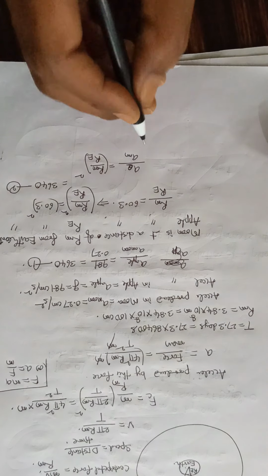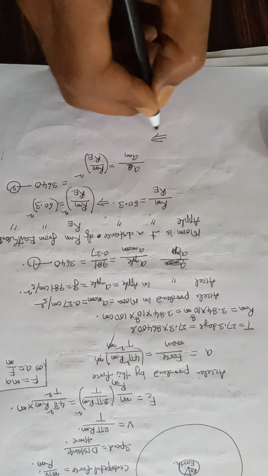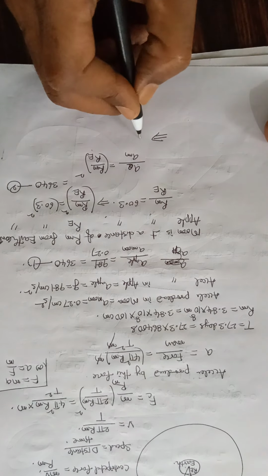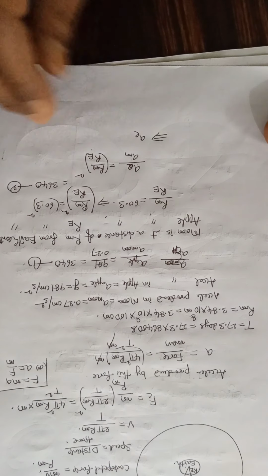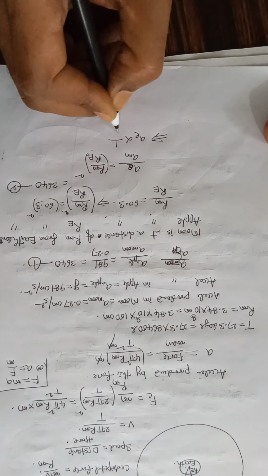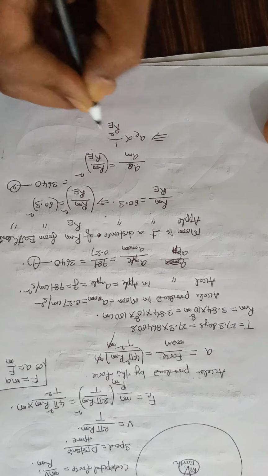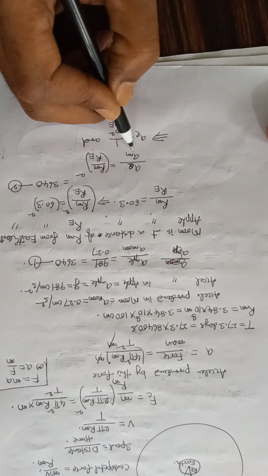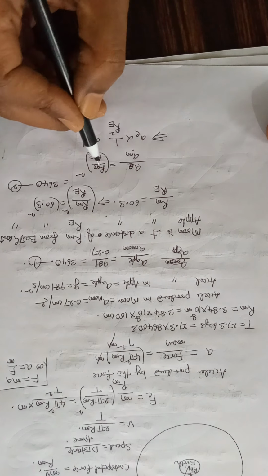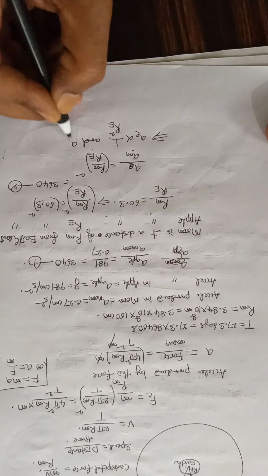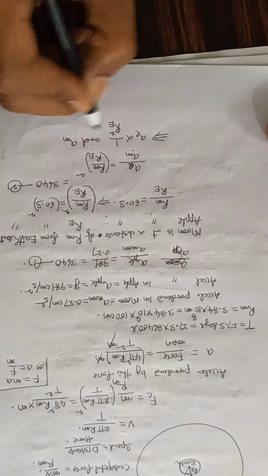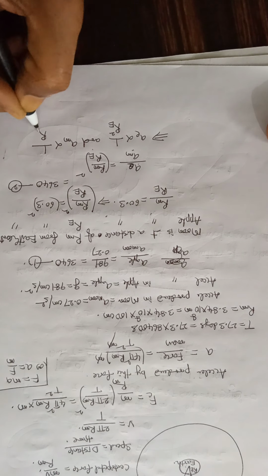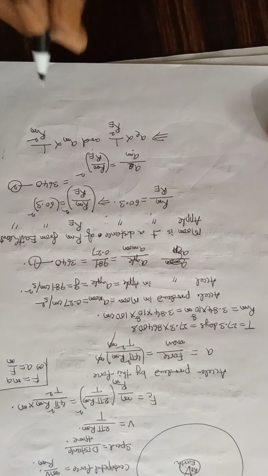Now from this you can write AE is inversely proportional to Re square, and the acceleration produced in the moon is inversely proportional to Rm square.